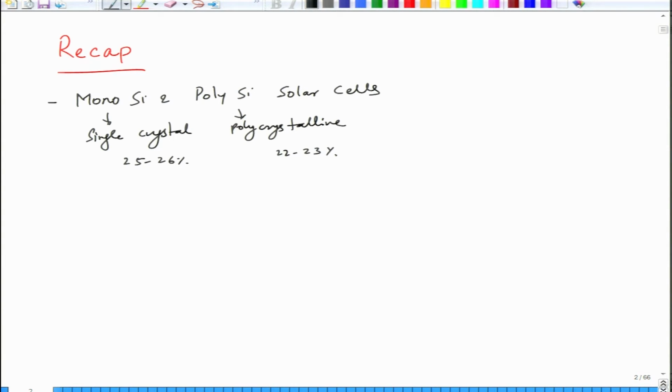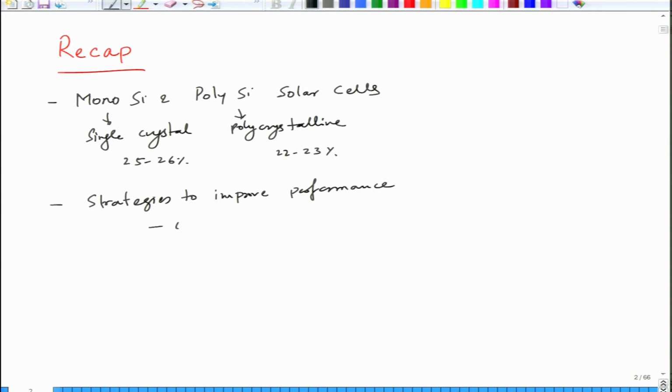Polycrystalline ones are cheaper than single crystals, and then we looked at strategies to improve performance, which are basically also design criteria.